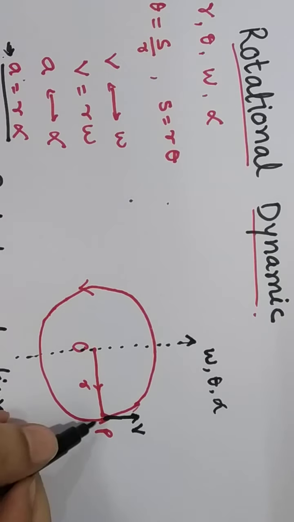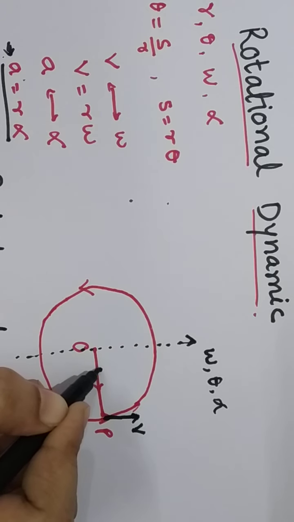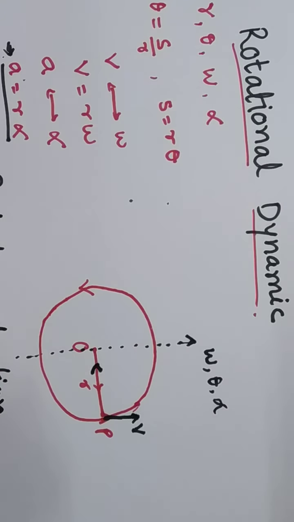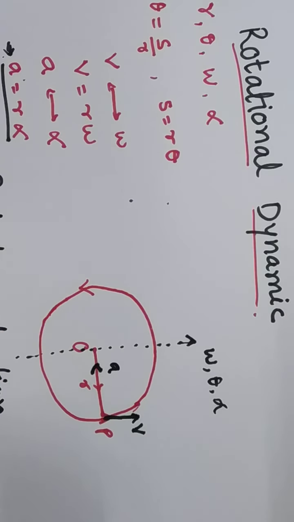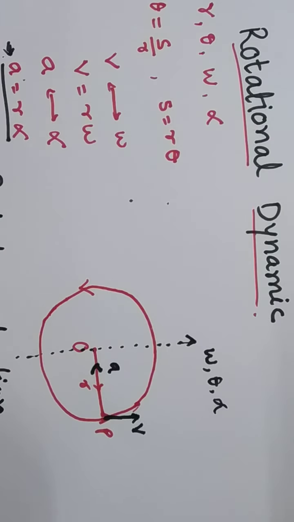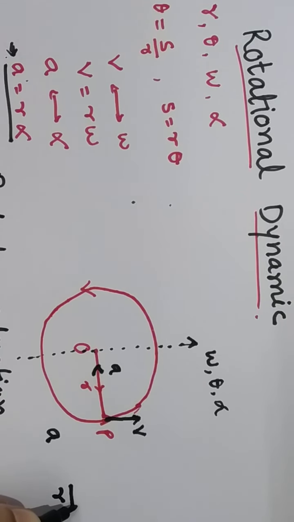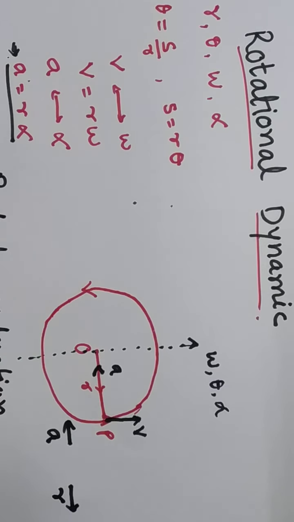Radial acceleration is directed along the radius towards the center of the circle. This is the direction of this acceleration. It is directed along the radius towards the center. Or you can say that acceleration and radius vector are oppositely directed. The radius vector is directed in a positive x direction, while the acceleration is directed in a negative x direction.